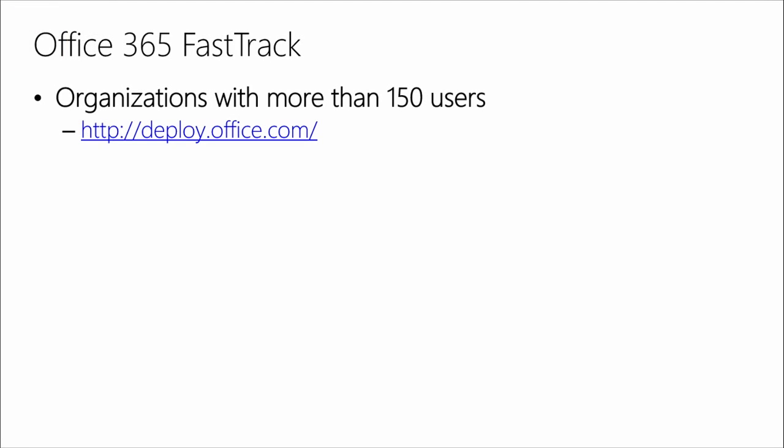So if you're an organization that has more than 150 users, you can go to this website, and that's the website that I use for signing up for the trial, and you can sign up for the Fast Track process where they guide you through migrating to Office 365. So when you go to deploy.office365.com, there's a whole bunch of documentation and steps and so on that they share with you to make the process as painless and seamless as possible for your organization.